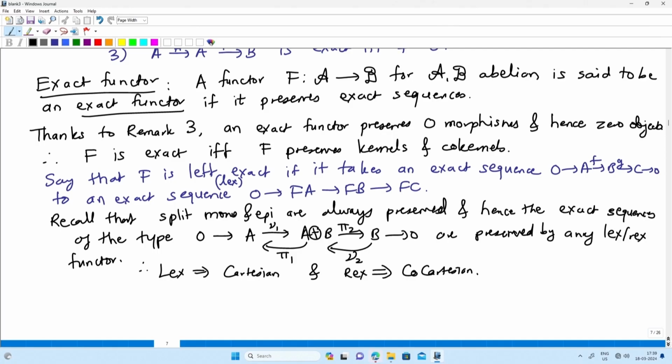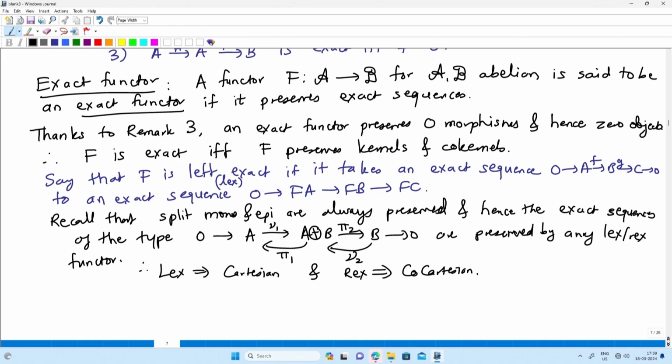Abelian categories are regular, which means kernel pairs of morphisms exist. Kernel pairs means you take a morphism F, and with the same codomain you take another copy of F, and then you take the pullback. So the pullback of F along itself, that is the kernel pair.